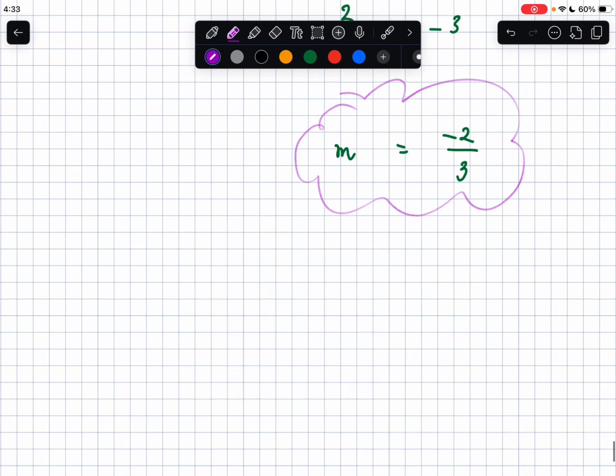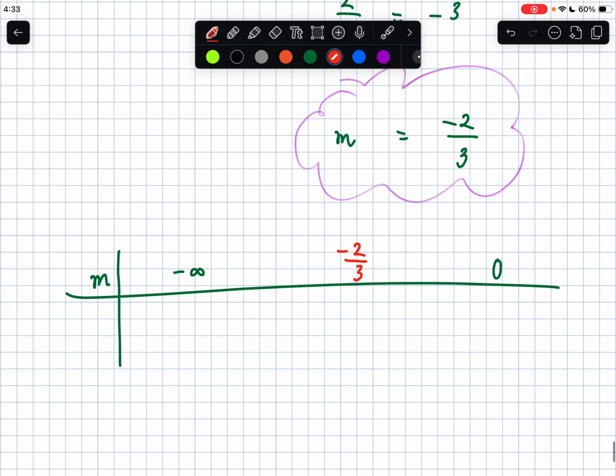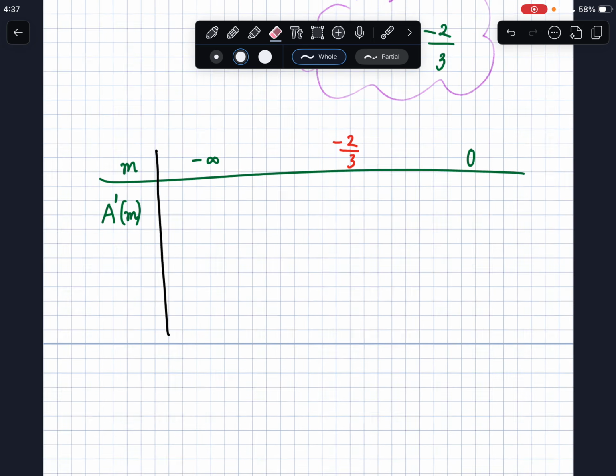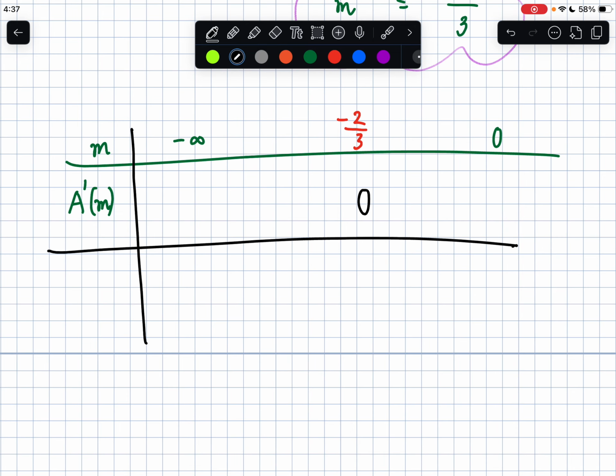Now we will write down the table. M goes from minus infinity to 0, with the critical point at minus 2 over 3. A prime of m equals 0 at the critical point.